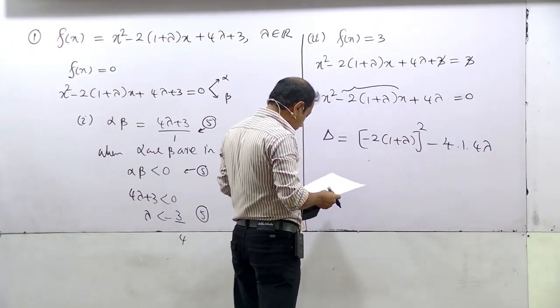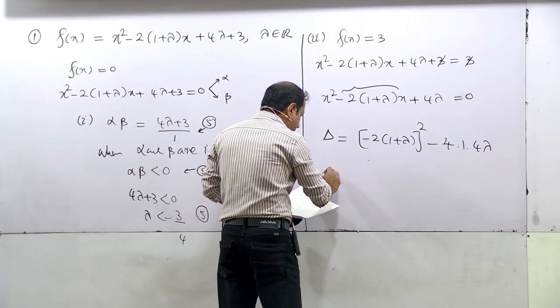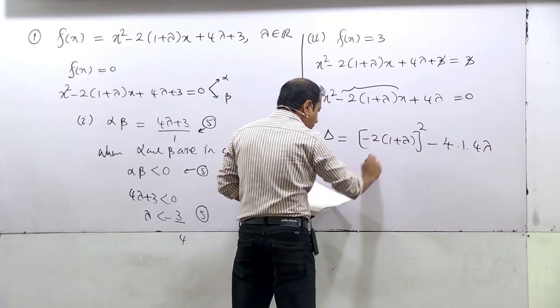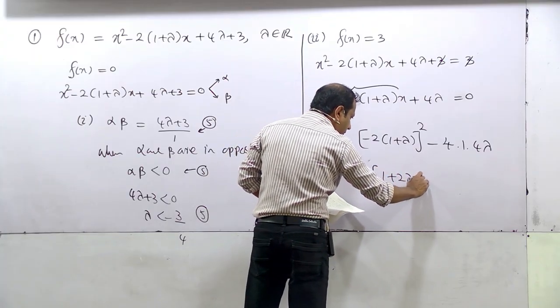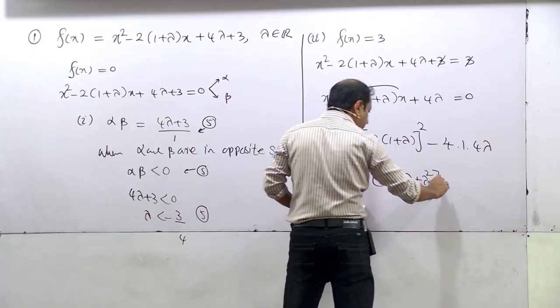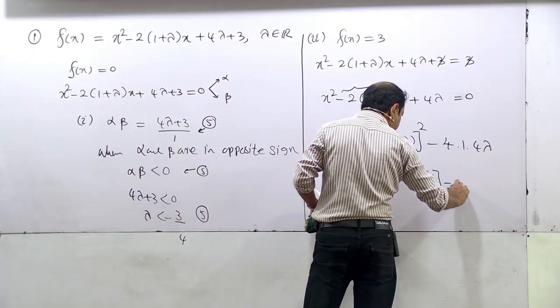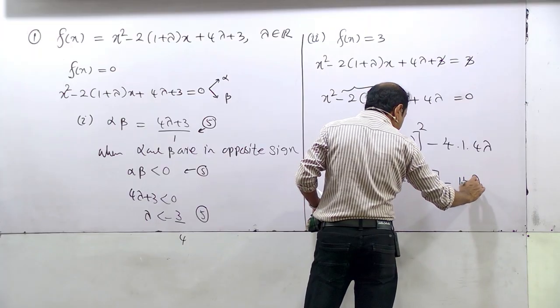When you simplify this, we get delta: minus 2 squared is 4, times 1 plus 2 lambda plus lambda squared, minus 16 lambda.